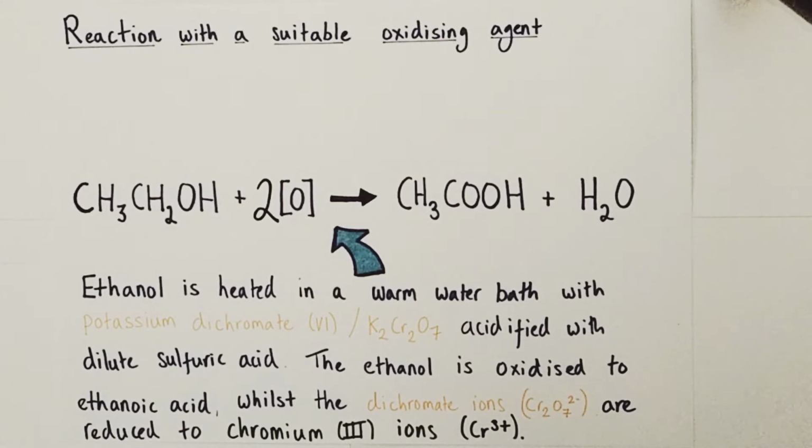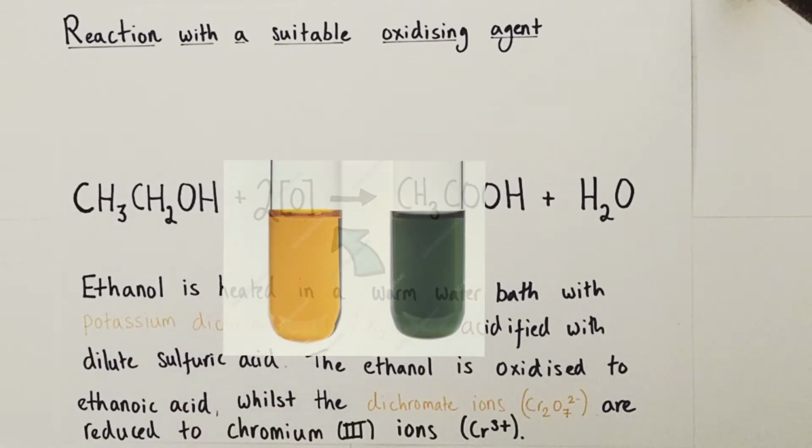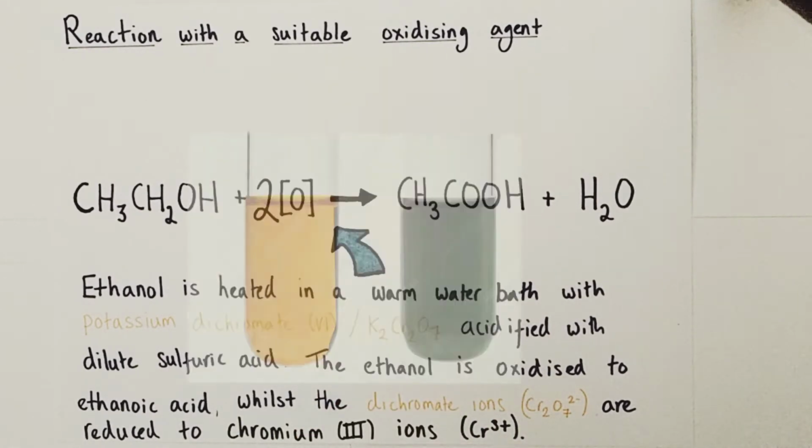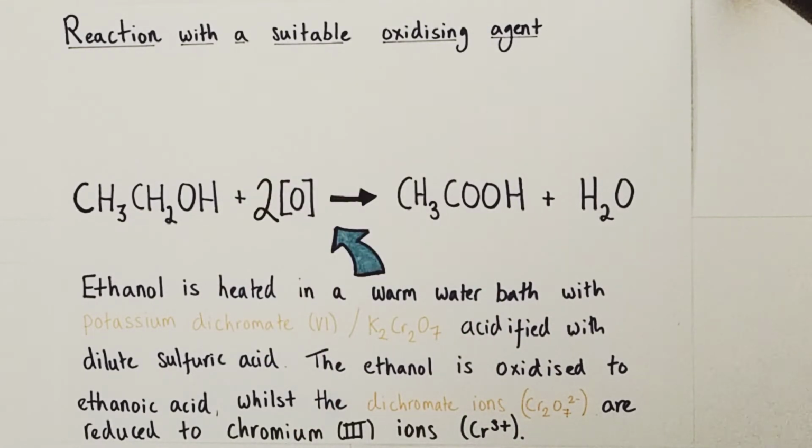Now, that reagent will oxidize the ethanol to ethanoic acid. And in the process of doing so, it will change the color of the dichromate ions from a beautiful orange color into quite a dark green color. And that's how you know that the oxidation reaction has successfully taken place. And you need to know that color change.